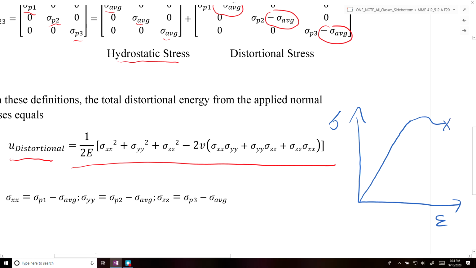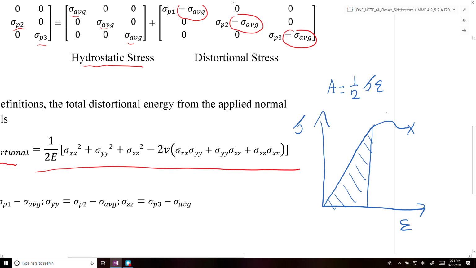If we look at just the elastic region, before we have any yielding, and we look at the area under the curve, we can approximate this area as a triangle. So we can say the area under this curve is equal to 1/2 the base times the height, which is 1/2 stress times strain.